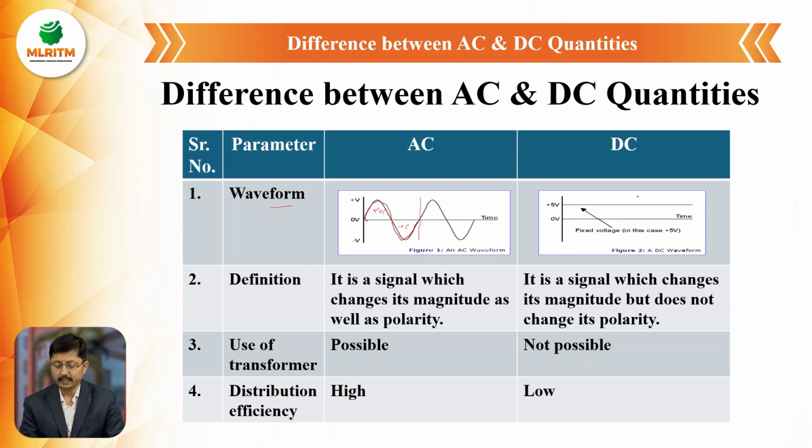Whereas in case of DC quantities, the quantity, either voltage or current, is not changing with respect to time.